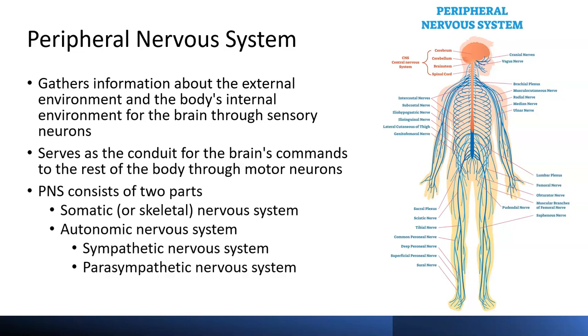Now, to review what I already talked about briefly, there are two parts making up the peripheral nervous system. You have the somatic system, sometimes referred to as the skeletal nervous system, and then the autonomic nervous system, which itself is broken up into the sympathetic and parasympathetic systems that we'll talk about next.